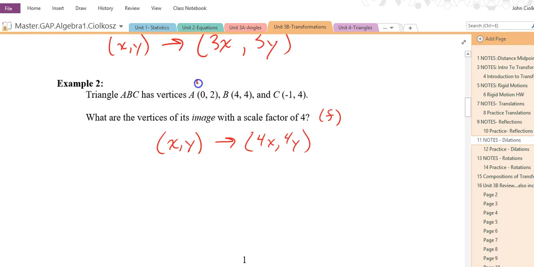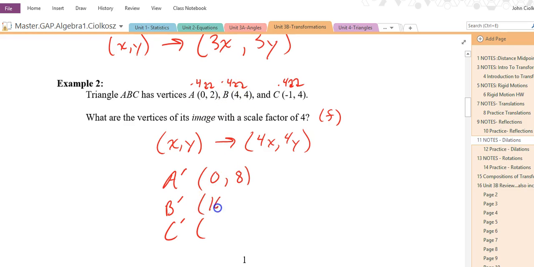So if I multiply 4 to both numbers in each of these points, that would give me 4 times 0, 0. 4 times 2 is 8. 4 times 4 is 16. That's for both. Here, 4 times negative 1, negative 4. And 4 times 4 is 16.